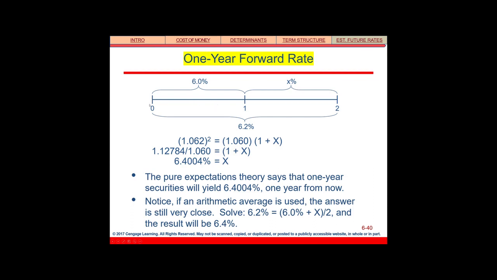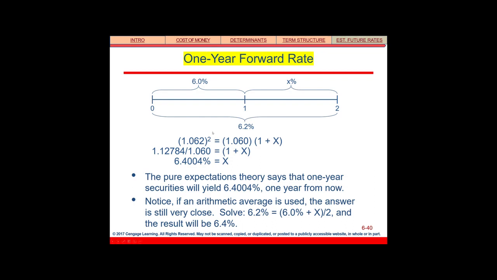One is you invest your money in this 1 year security, get it back at the end of the first year with a 6% rate of return, and then you invest all your money again in another security that returns X%. In the end your return should be the same as if you invest your money directly in a 2 year security that returns 6.2%. That means there's no arbitrage.